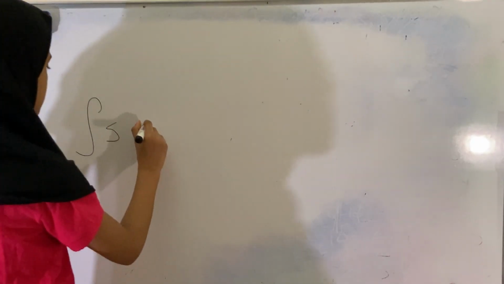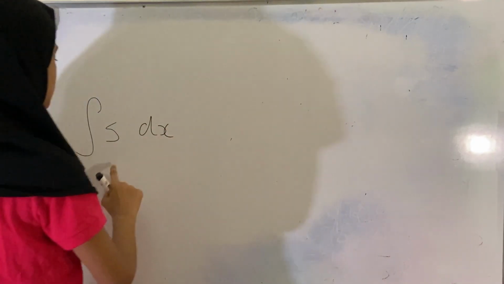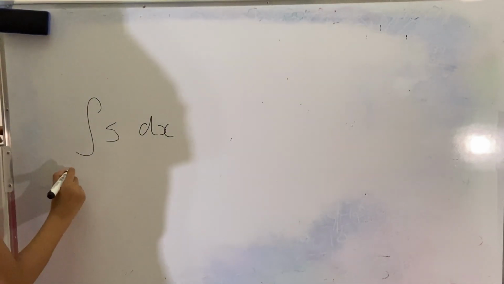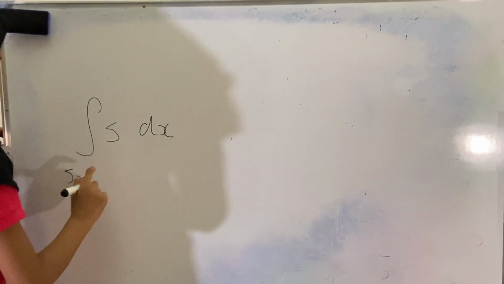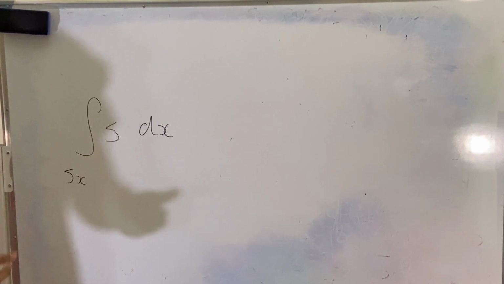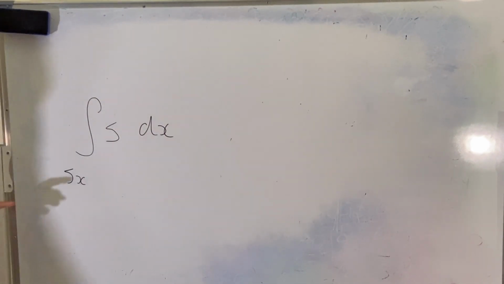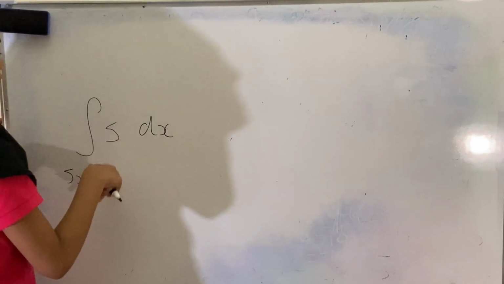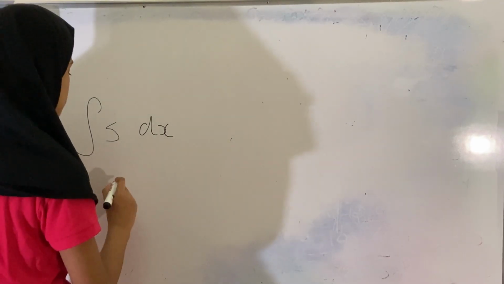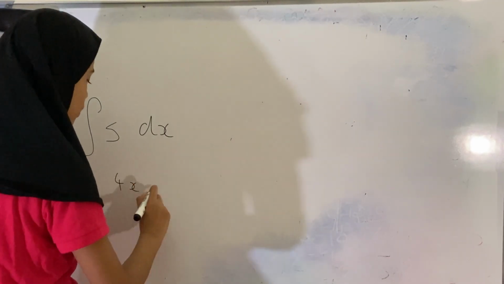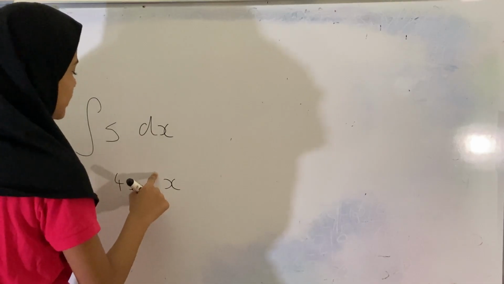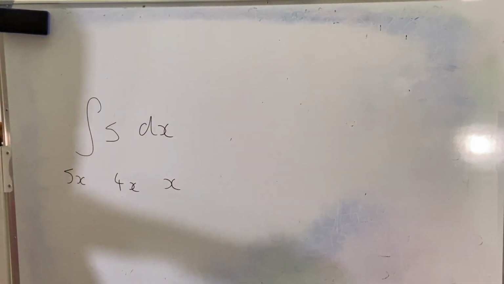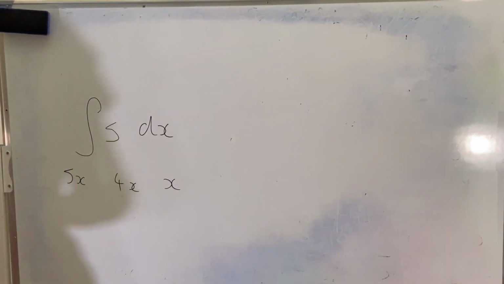If the question is 5, the integration of 5 is going to be 5x, because 5 is a constant. Because 5 is a constant, we have to write an x after it. If the question is 4, it's going to be 4x. If the question is 1, it's going to be just x, because there is a 1 but we don't have to write it down or show it.